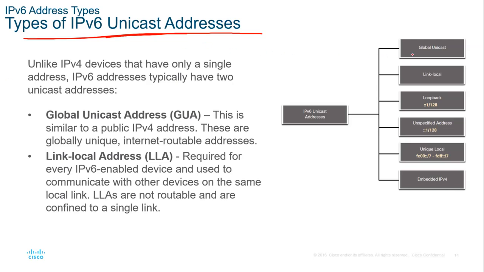So we have the global unicast address and then the link local address, assigned under the same interface, which is not the case when it comes to IPv4.